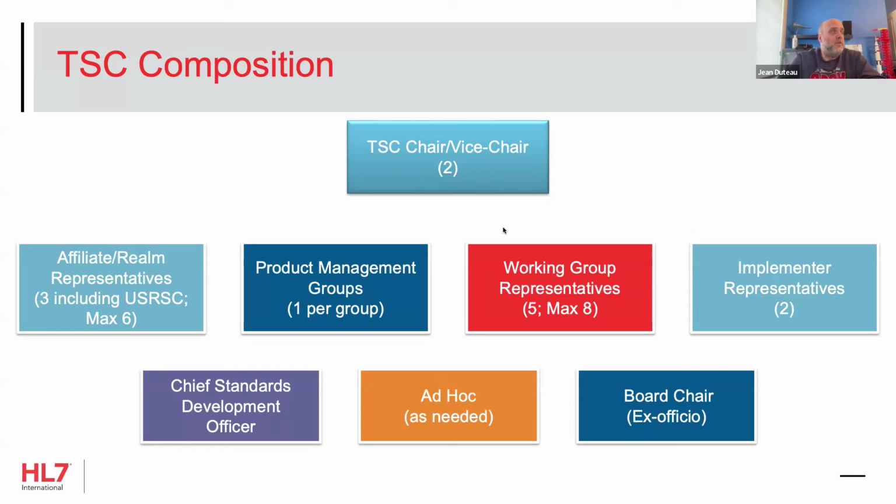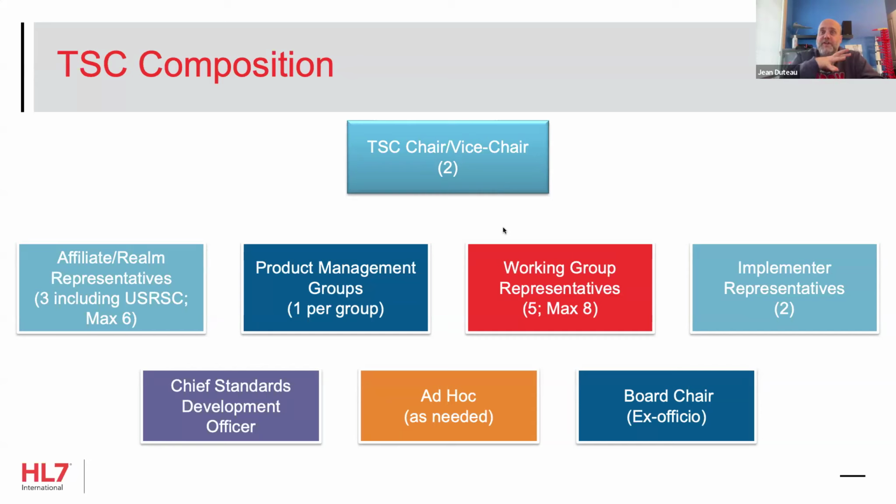We have a number of affiliate realm representatives. 3 is the minimum, including someone representing the US, a maximum of 6. We have 1 representative per product management group. We have anywhere between 5 to 8 working group representatives. We have 2 implementer representatives, and that gets us that cross-pollination.